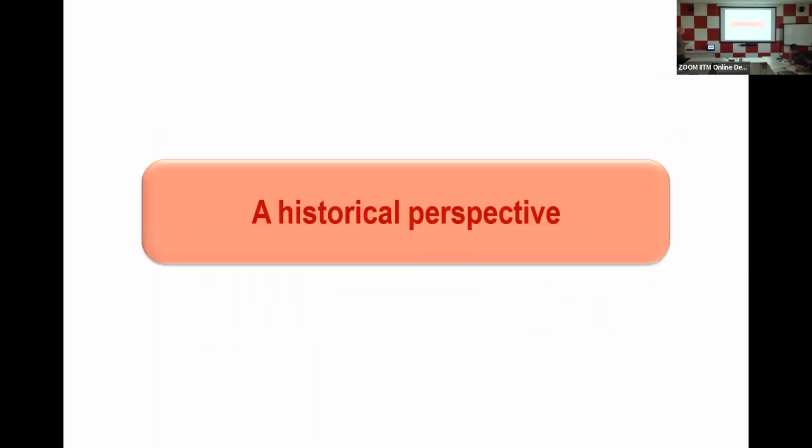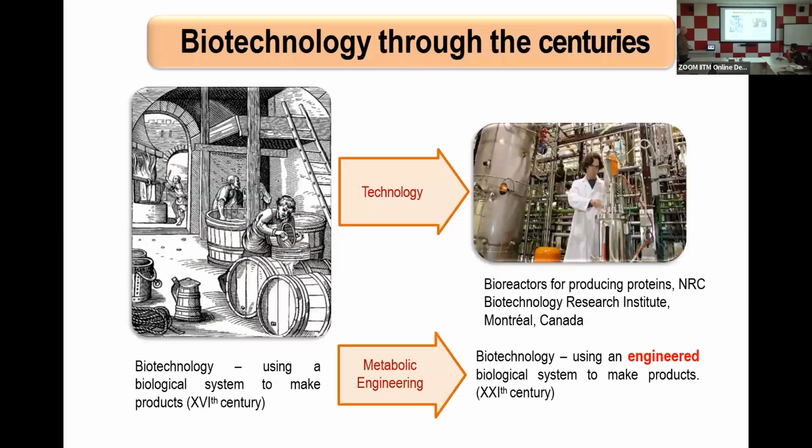Okay, so also before I get to what we call metabolic engineering, let me just share with you some empirical perspective that perhaps you know already. But this technology has been around for a long while, for example in the production of cheese and other fermented food.